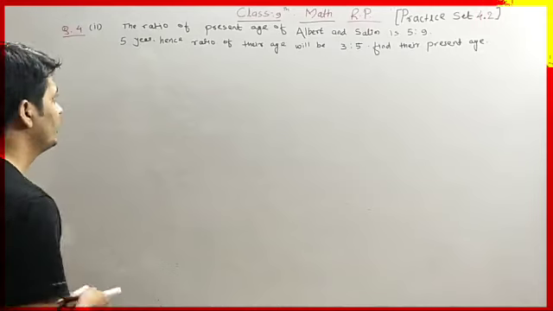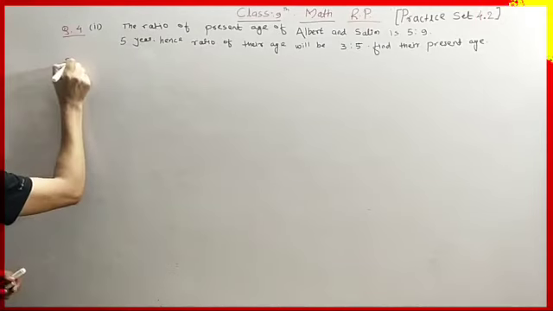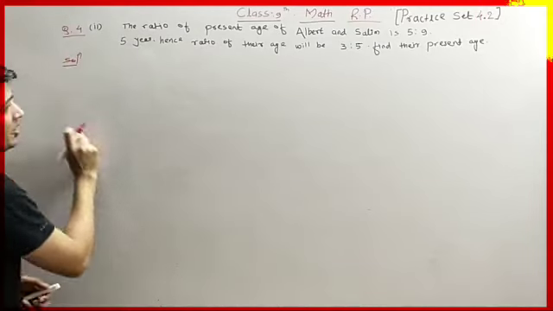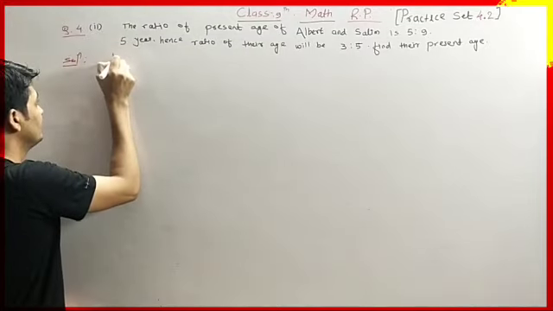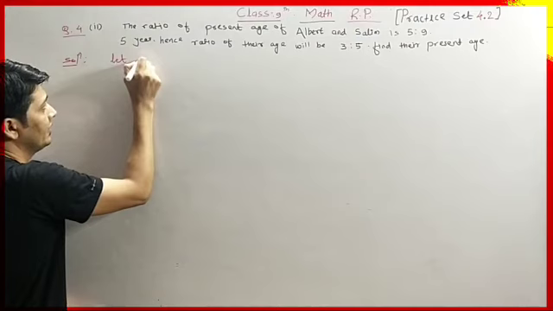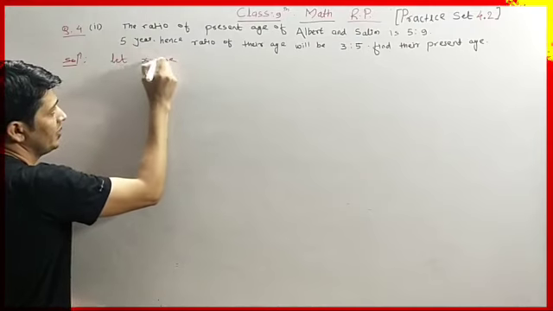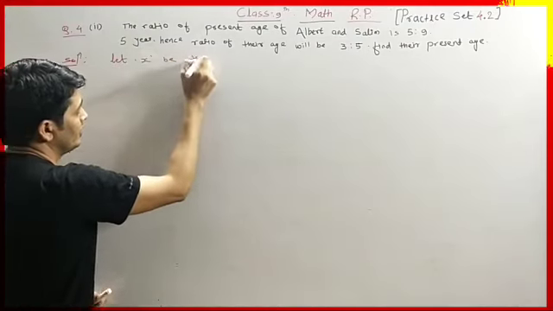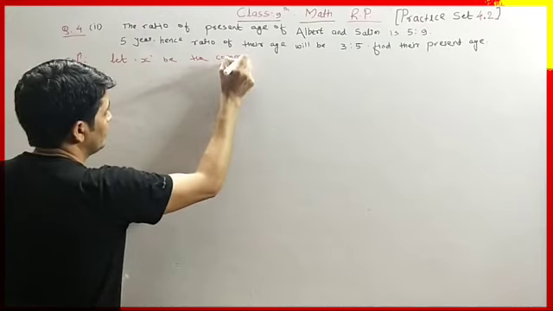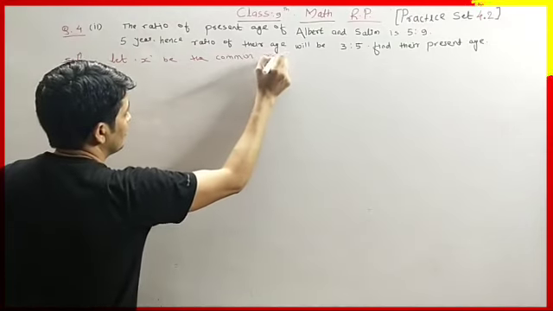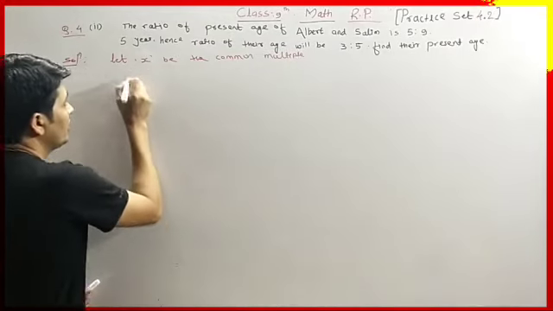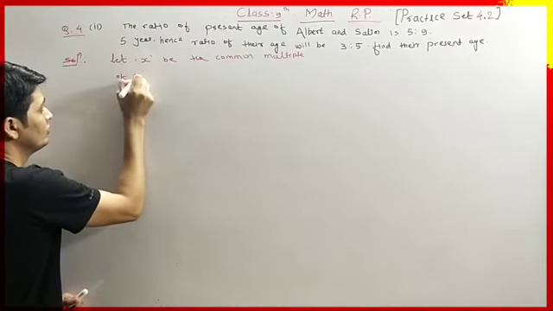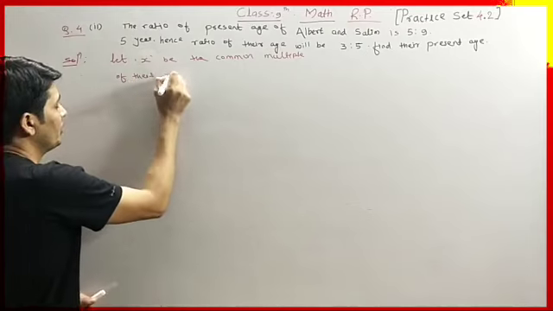First we consider x to be the common multiple of their present ages.